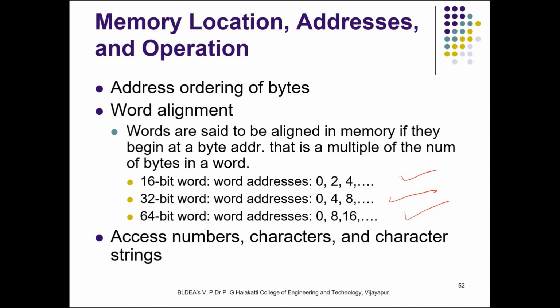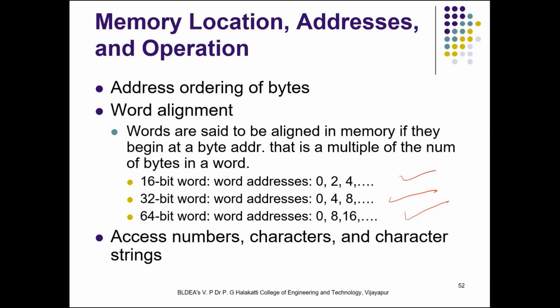Now, how will the computer get to know that the string has ended? There are two ways to indicate the length of the string. A special control character with the meaning end of string can be used as the last character in the string, or a separate memory word location or processor register can contain a number indicating the length of the string in bytes.